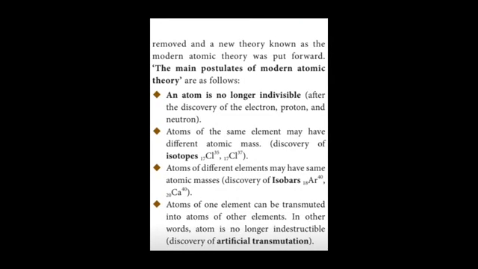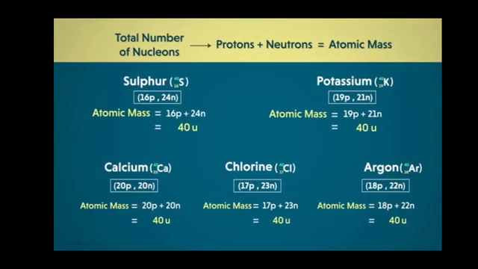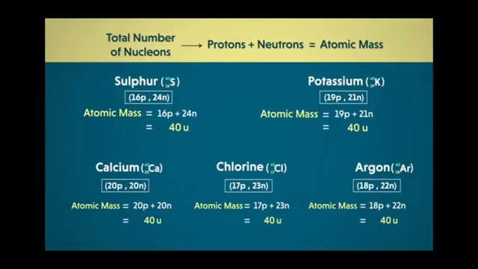The third postulate is, atoms of different elements may have the same atomic masses. Let's take 5 different elements: sulfur, potassium, calcium, chlorine, and argon. In each case, the number of protons and neutrons is different.